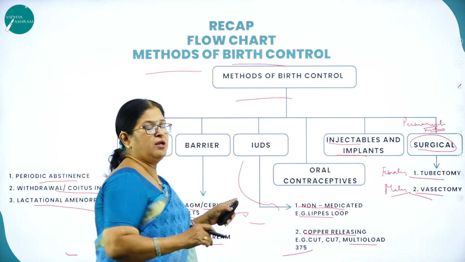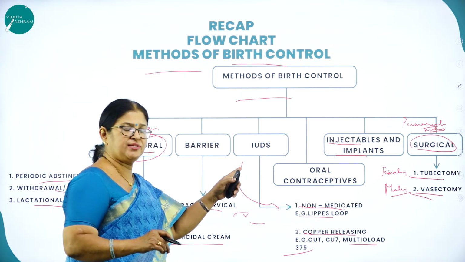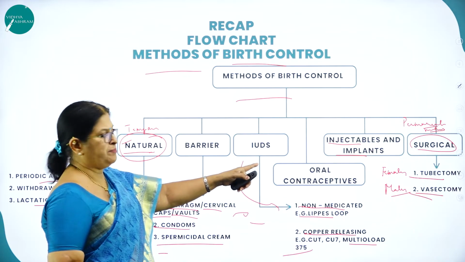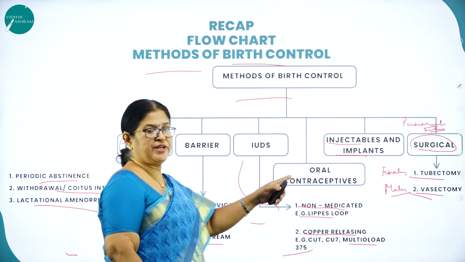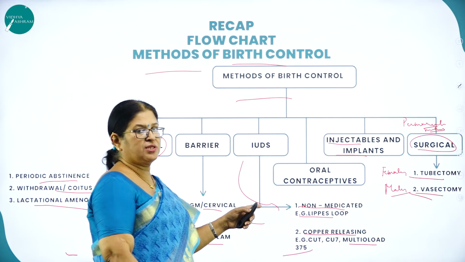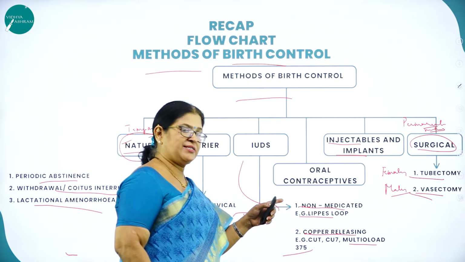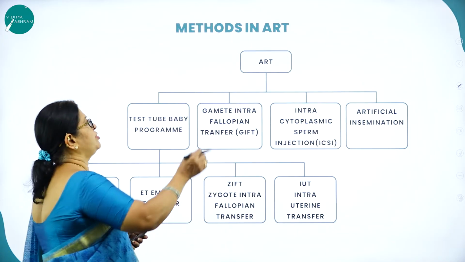The natural method, barrier method, and use of IUDs are temporary methods of birth control. Even injectables and implants come under temporary methods. So the permanent methods are the two very important surgical methods: tubectomy in females and vasectomy in males.